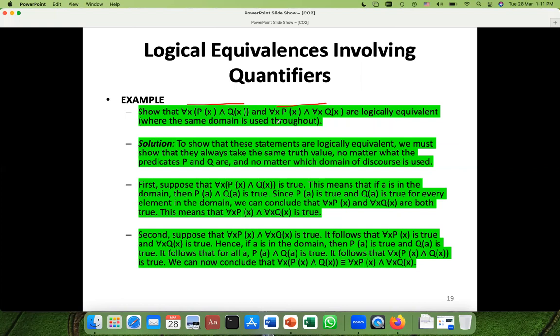The domain is not given, but it is only said that the same domain is used throughout. So it means that you can suppose any domain for these two statements. This question is very much theoretical, and the answer is already there in the question.